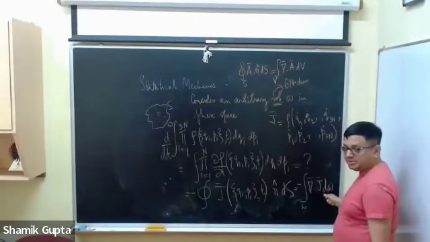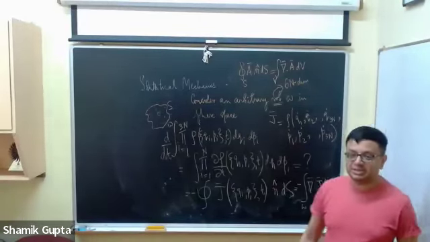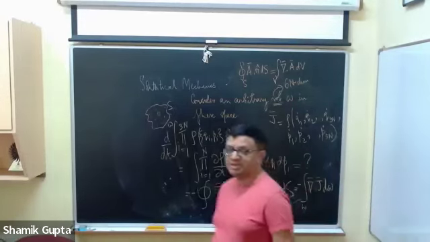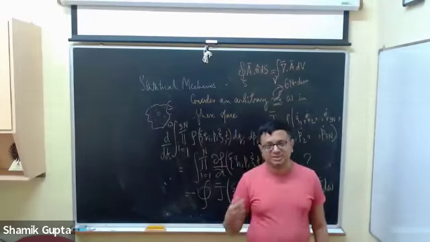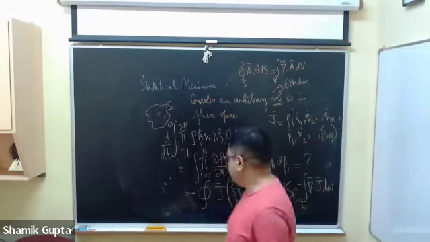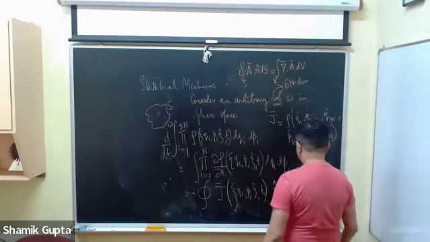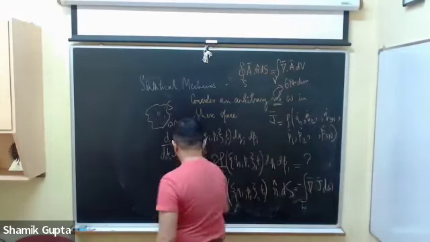But d omega, please recall, is a 6n-dimensional object because we are talking not about volume in physical space, but volume in the 6n-dimensional phase space. So therefore, I get this equation.